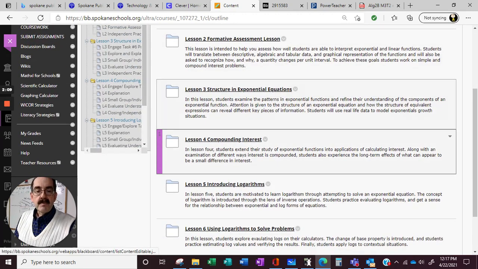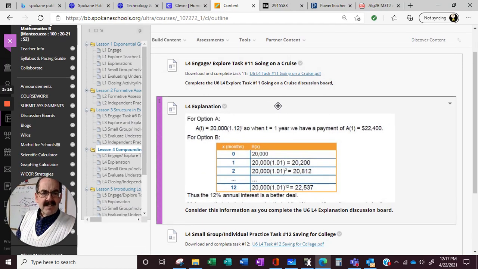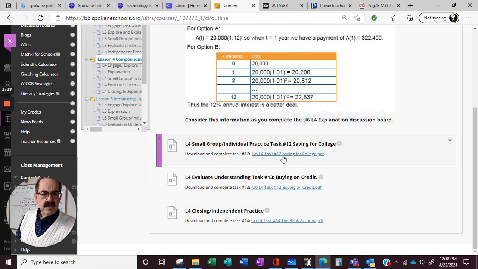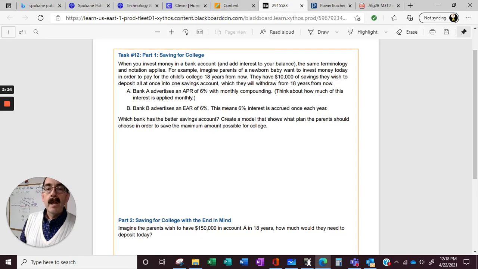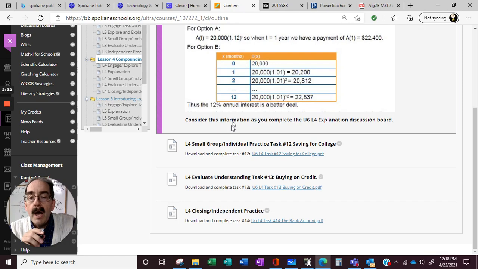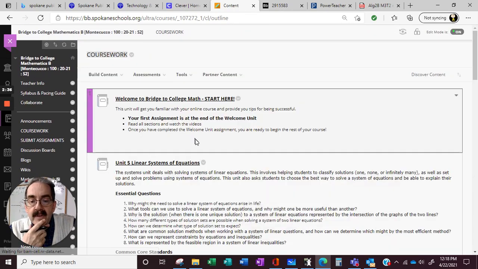I'm going to go down to compound interest because money, that's where it's at, right? And let's see, going on a cruise, saving for college. Ooh, college. Let's click on college. Boom. Alright. Now, let's just start these problems so that we are all in the same boat. If you remember the last time we were together, I made a comment about having a cheat sheet.